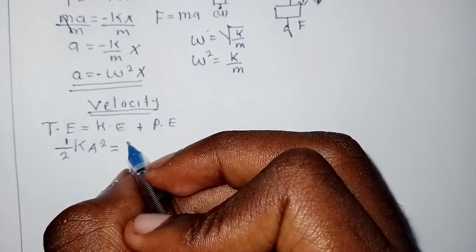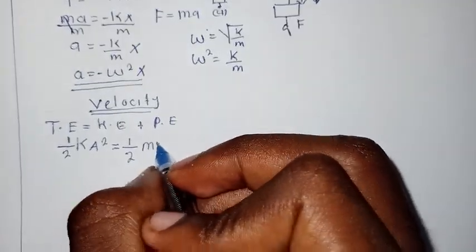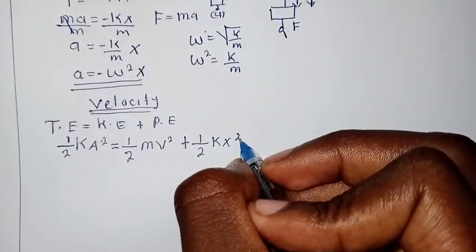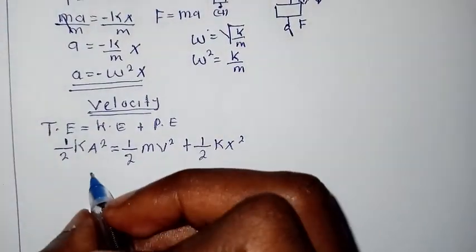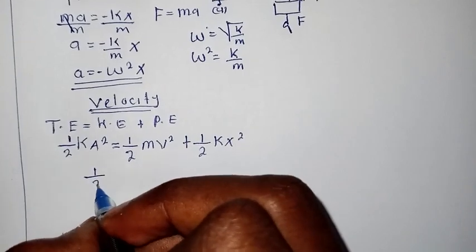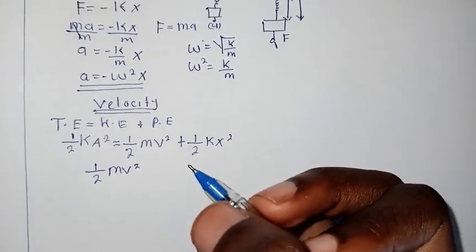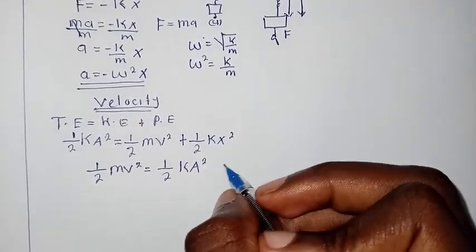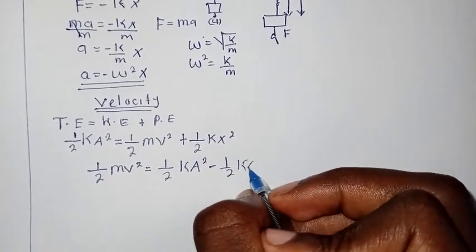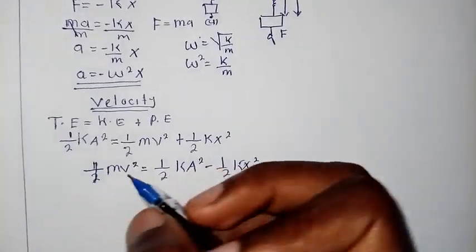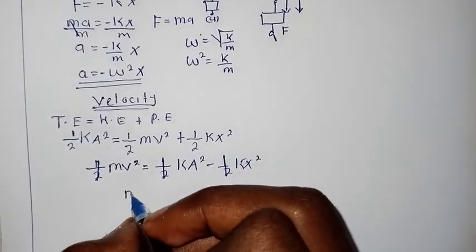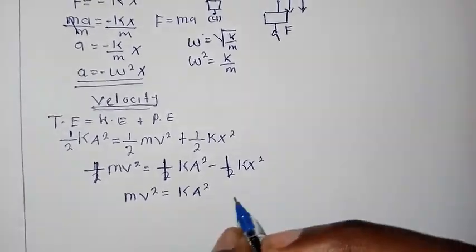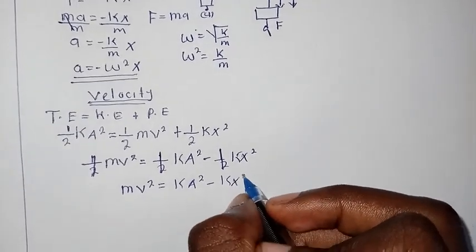We know that KE is simply 1 over 2 m v squared, and PE is simply 1 over 2 k x squared. We want to find the velocity, so this is the same as 1 over 2 m v squared equal to 1 over 2 k a squared minus 1 over 2 k x squared. We can cancel out everything, and we remain with m v squared equal to k a squared minus k x squared.